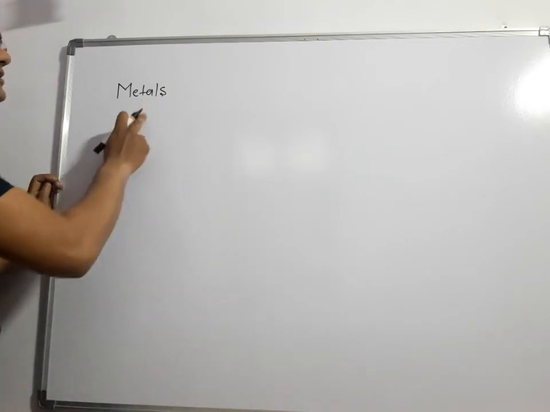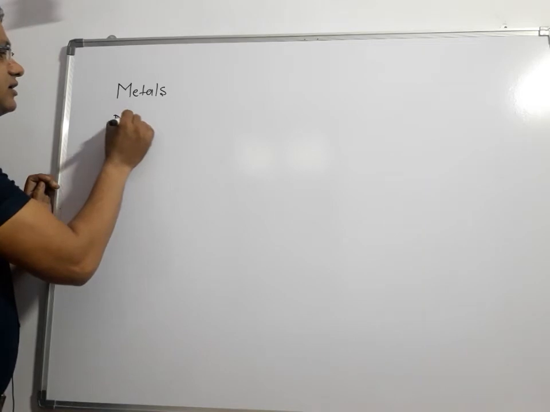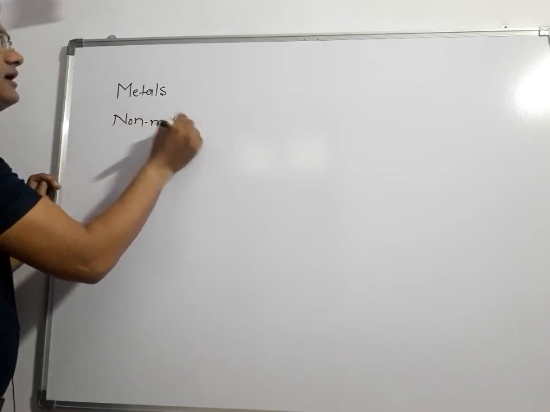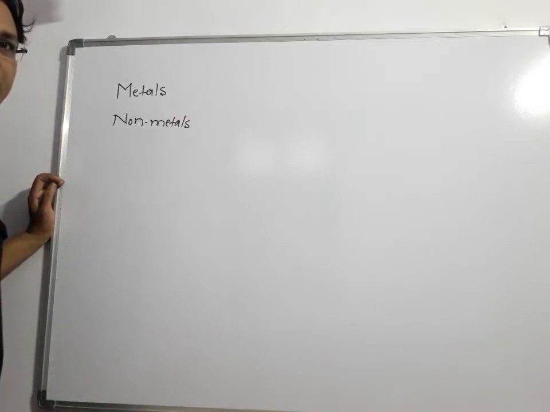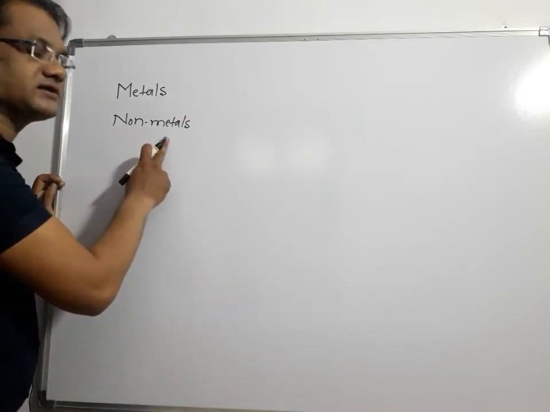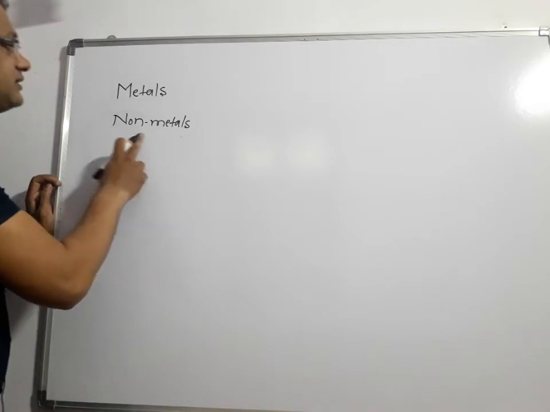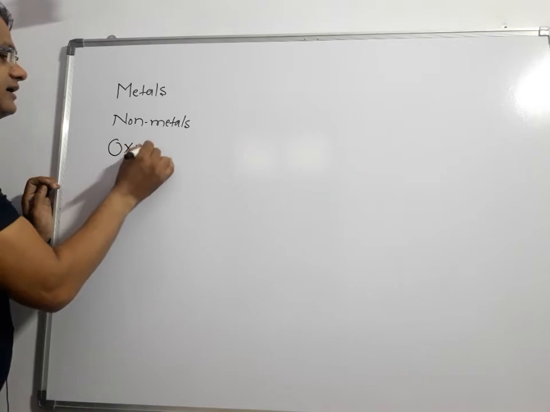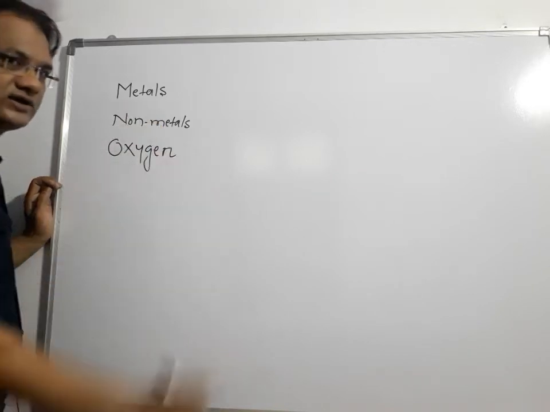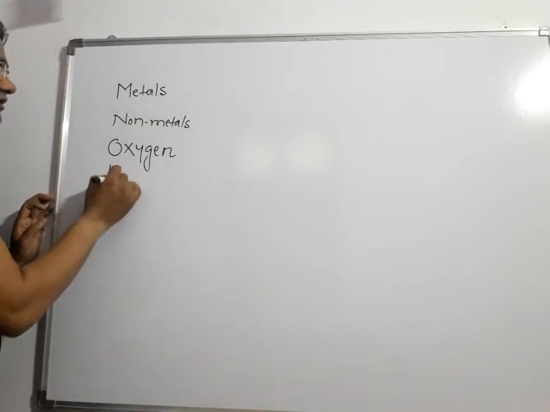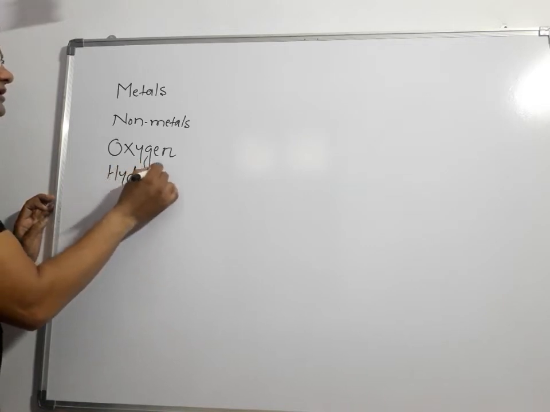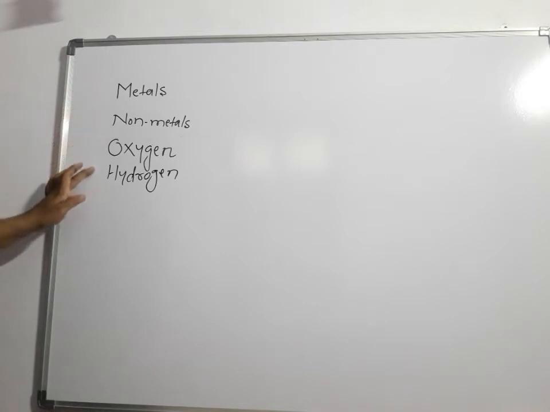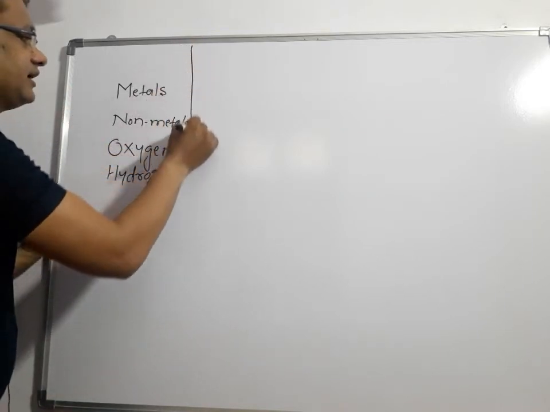Then, when the metals are balanced, we will balance the non-metals. Then, when the non-metals are balanced, we will balance oxygen, and then finally we will balance the hydrogen present in a chemical reaction. So in this sequence we will balance a chemical equation.